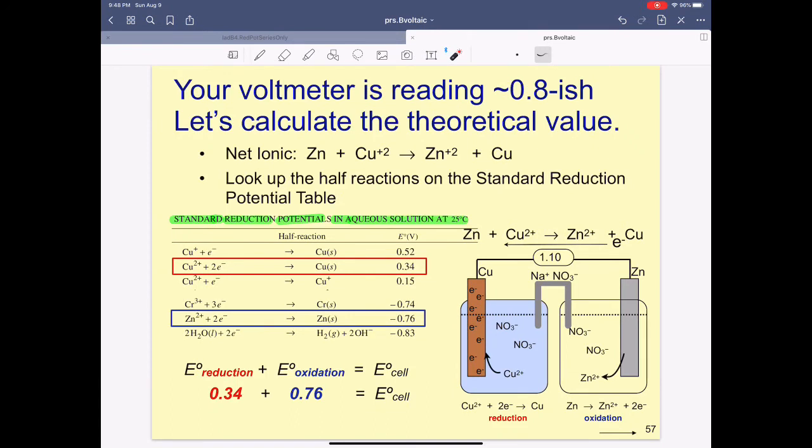So we find these values, and we take the reduction value, which is the copper, and we add it to the oxidation value. Again, we have the zinc reduction, but because it actually is an oxidation, we'll use positive 0.76. Add them together and get a value of 1.10.